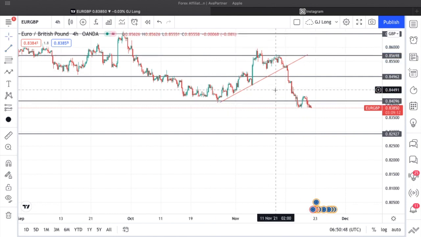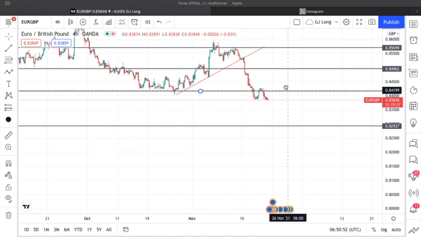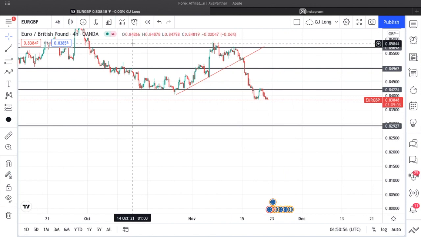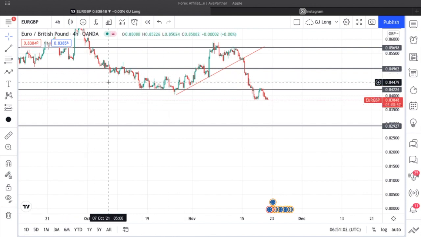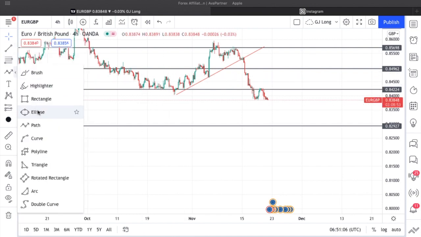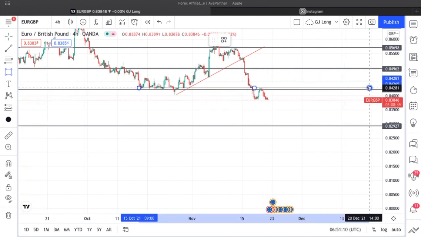So what I anticipate is going to happen here is that there will be a continuation. Here I'm marking the previous support level that has now turned into resistance. As you can see here, what has happened is you have a break, a pullback, and a bit of a continuation.